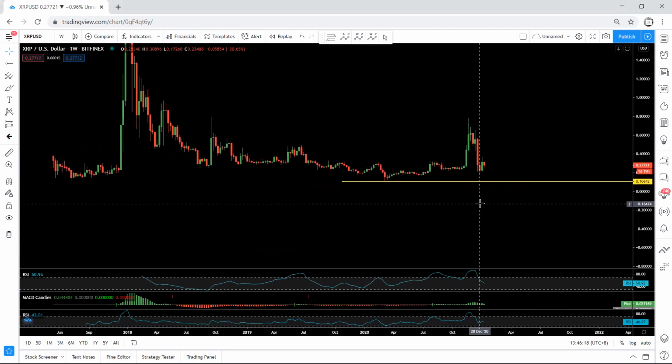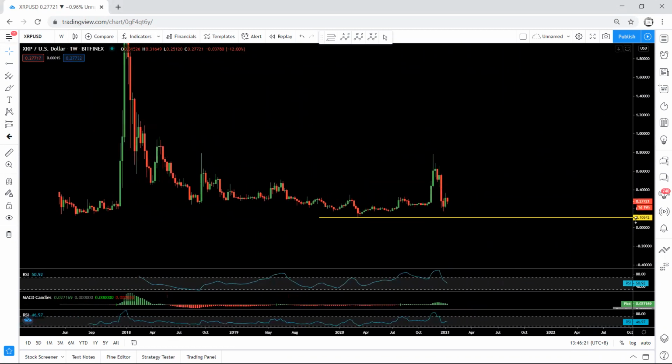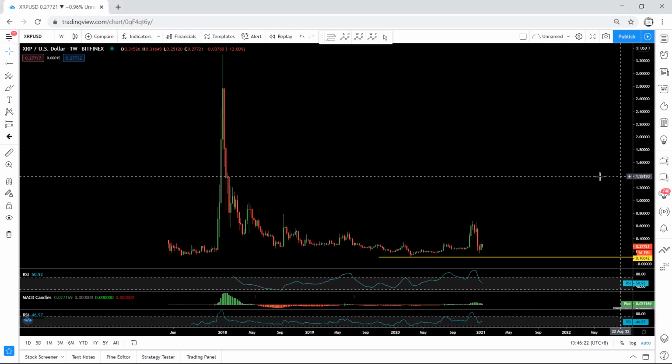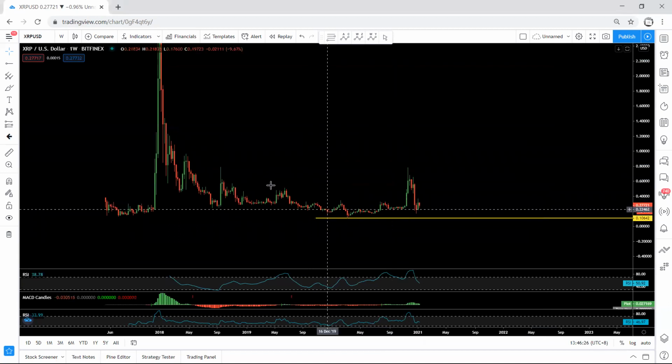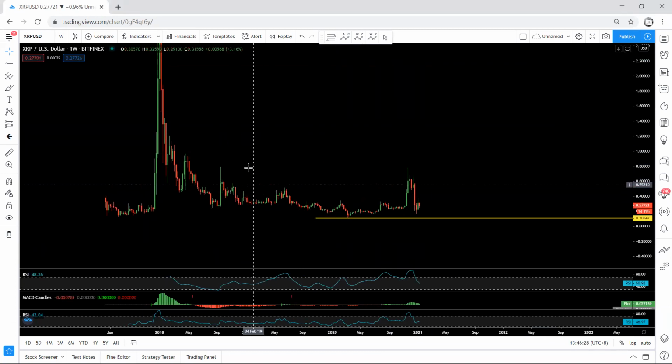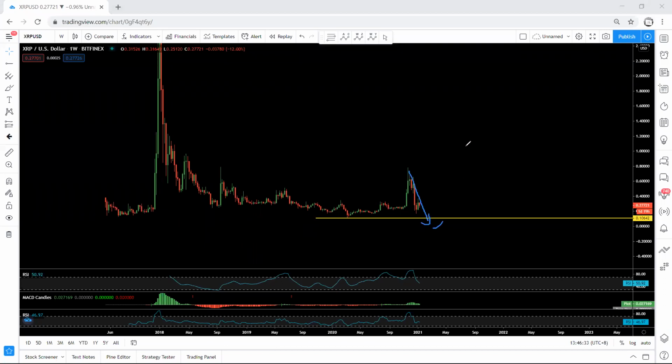That means the price should break 10 or come to 10 or 11 cent before we get the next move. This is based on these two moves, because if we consider this one as a correction, we can expect the price to come to this level before we get the next move up. This is what we have based on the weekly chart.